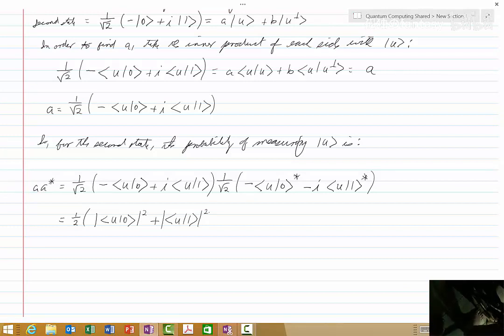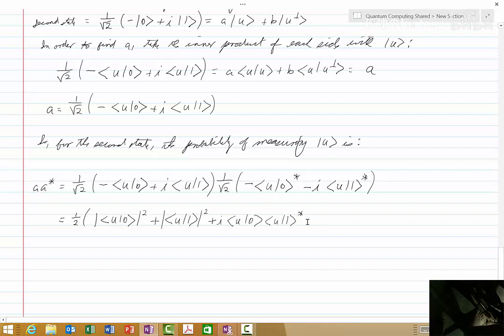And now, as before, we also have some cross terms. When we multiply this by this, notice we have a negative and negative, so that'll give us a positive. So we have plus I times the inner product of U with 0 times the inner product of U with 1 conjugate. And then we also have this term multiplied by this term.